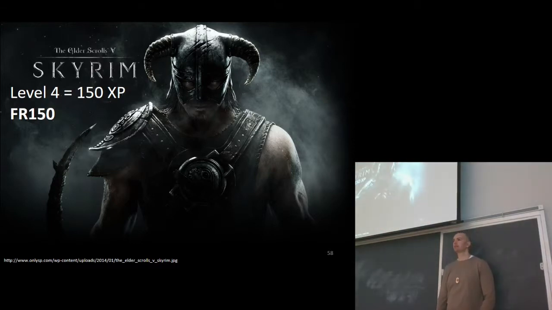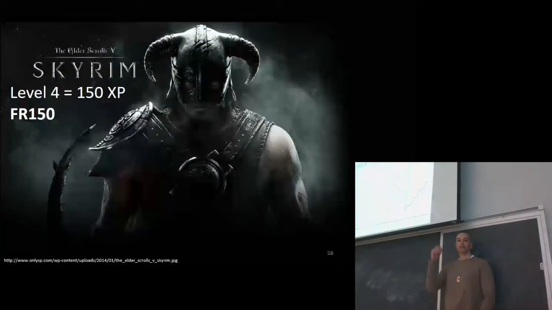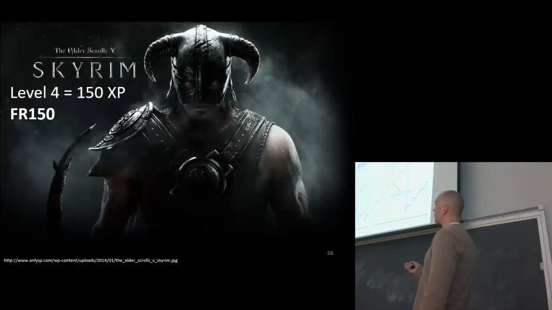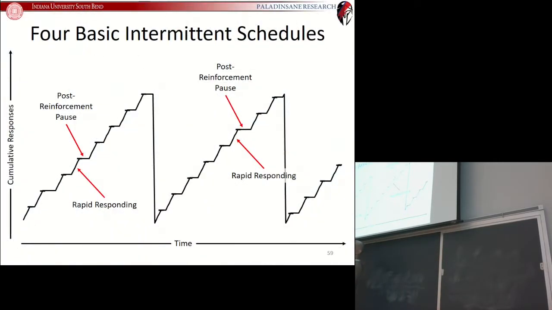So when a gamer starts playing and says, you know what, I want to get to level 4, I know I need 150 experience points, let me start playing my game, they have very rapid responding. They'll just play.